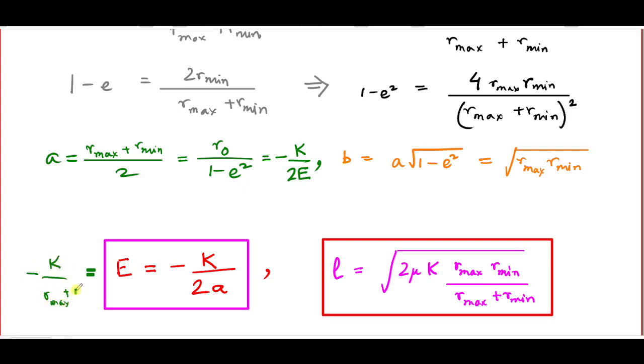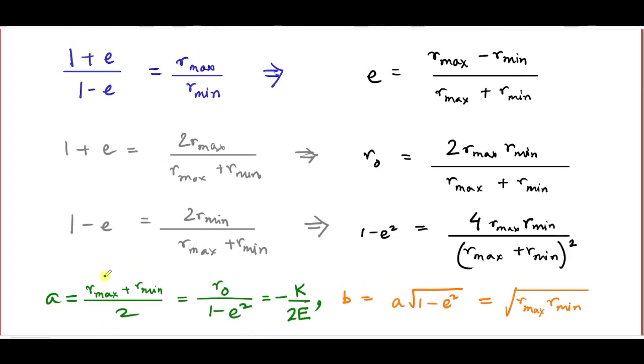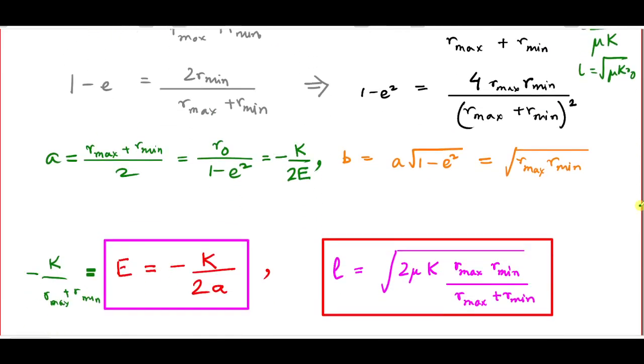Similarly, using the fact that R0 is L square over mu K, it's easy to write L as the root of mu K R0, or the root of twice mu K Rmax Rmin by (Rmax plus Rmin).